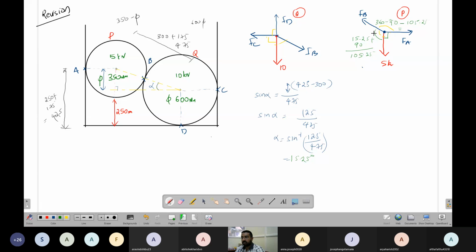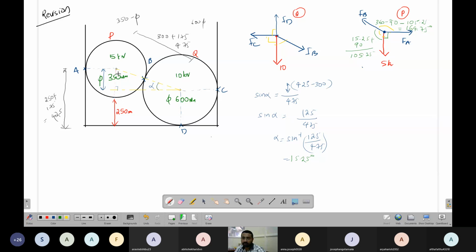What is this? 164.75. Okay, so we got two angles. This is 105, this is 164.75, this is 90. So now you can find FA and FB.